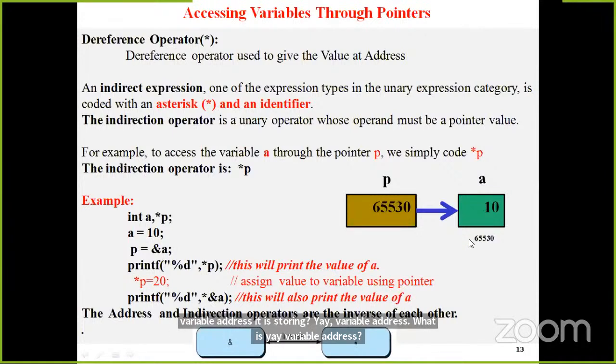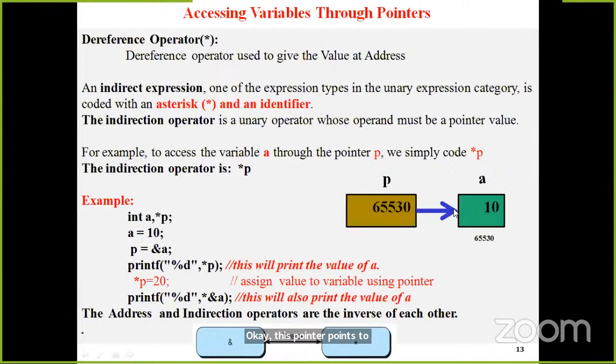65530 will be stored into this pointer. This is what the pointer will be referencing. This pointer points to the address of the variable.